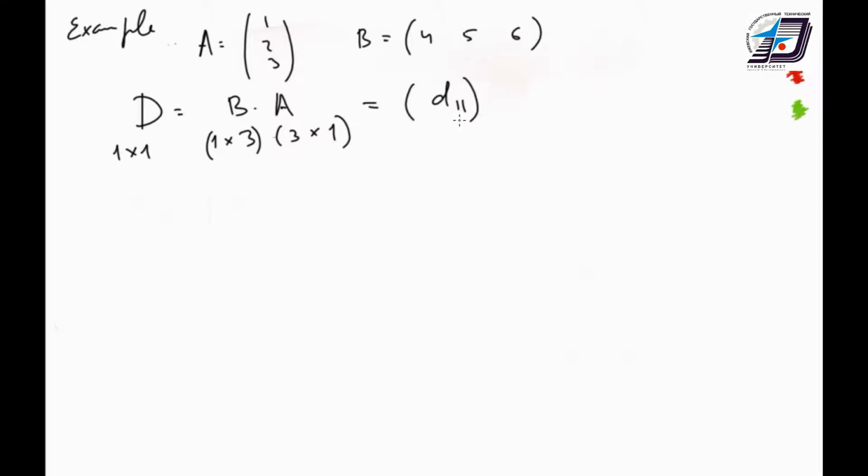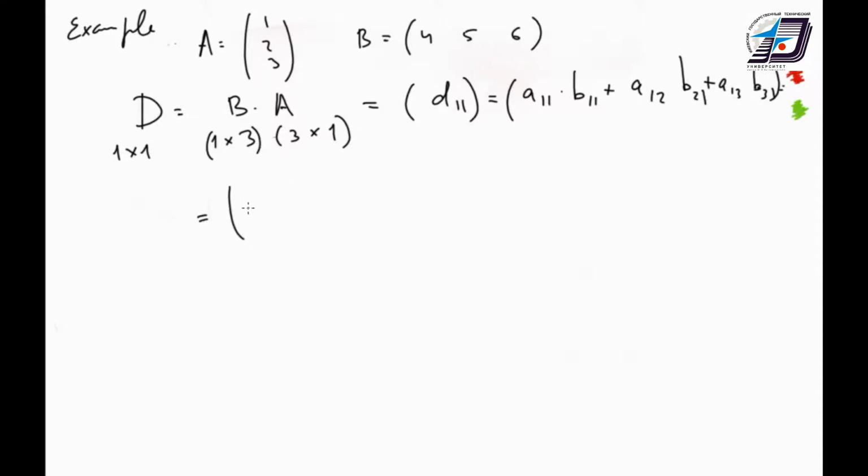I denote it like D11. To calculate D11, we have to take elements from the first row of B and multiply correspondingly by the elements of the first column of A. So it is 1 times 4, A11 times B11, plus A21 times B21, plus A31 times B31.